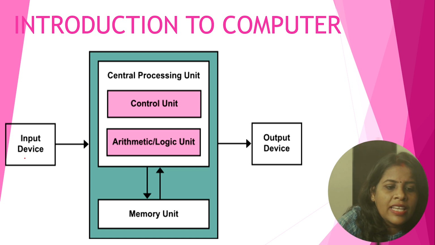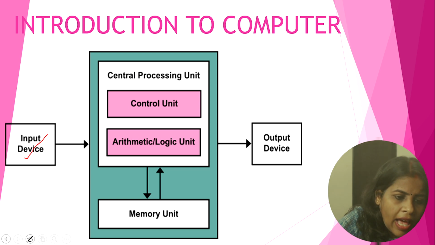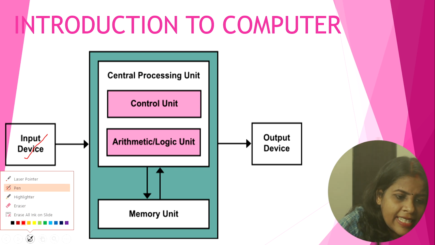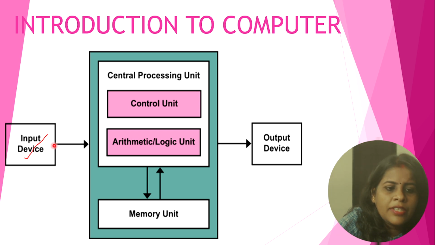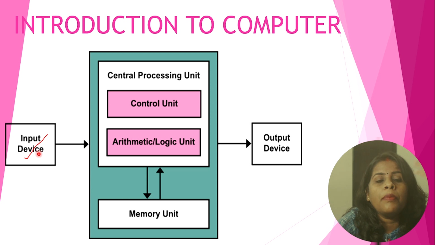This is called an input device, and I will select the highlighter and laser pointer, and you will be able to see the pointer easily. With the help of the input device we input the data and information. It will work in the central processing device and it will give us the output.